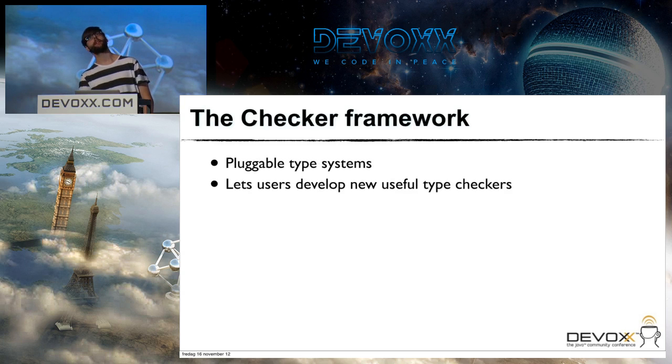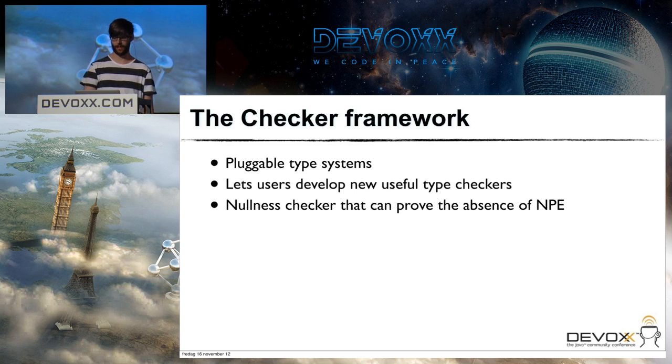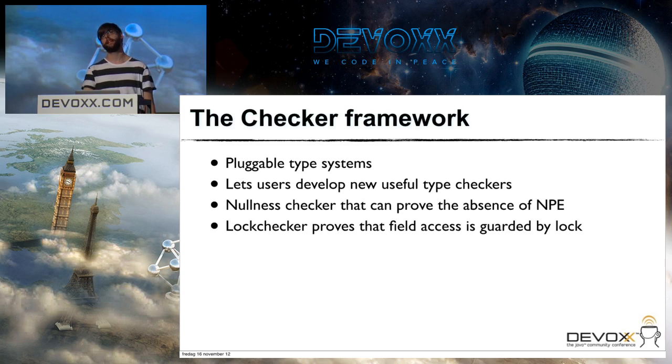The Checker Framework is a pluggable type system. It lets you, as a user of the framework, develop a new type system proving an interesting or useful property. For example, you could prove that your program doesn't throw a null pointer exception. So you can prove absence of null pointer exceptions. Or you can prove that every time a field is accessed, you are holding a certain lock.